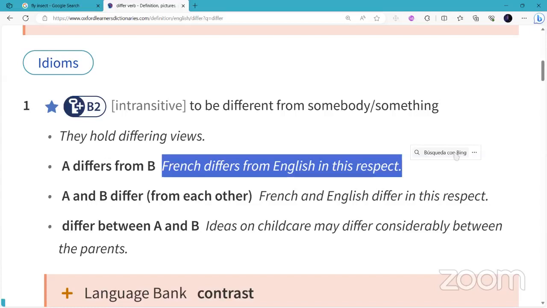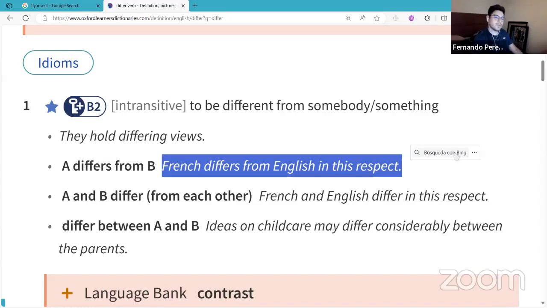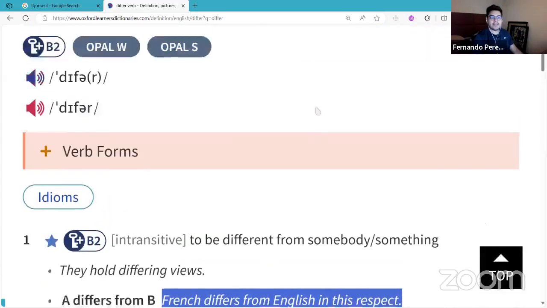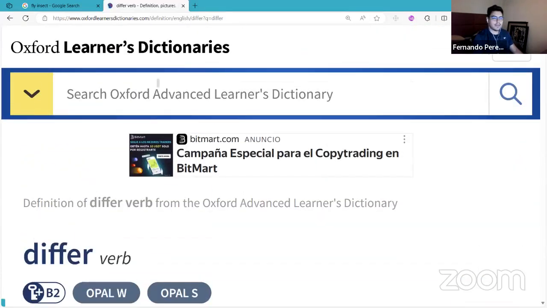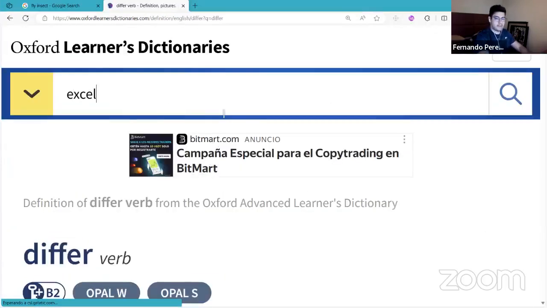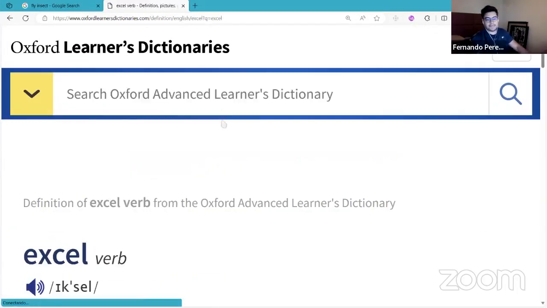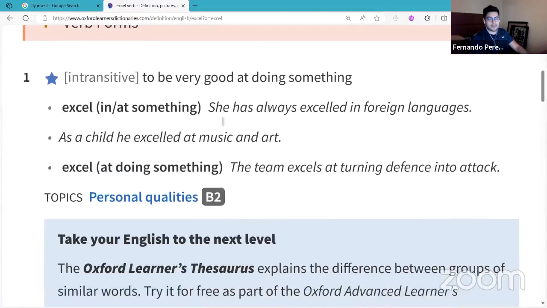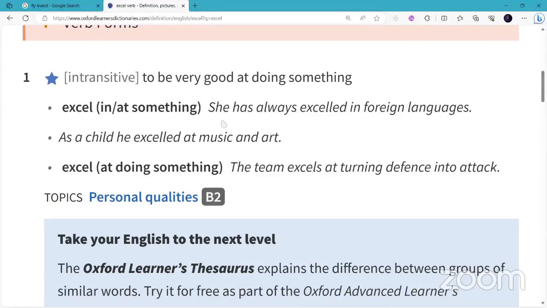Yes. That's right. So the same way we use the word, for example, the other one that we have here was excel. Excel as a verb. Excel. Intransitive, to be very good at doing something. Excel in or at something.